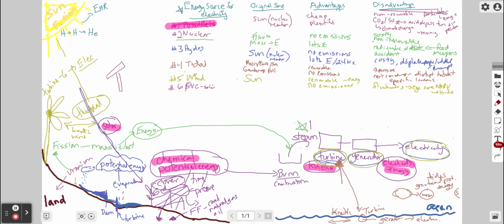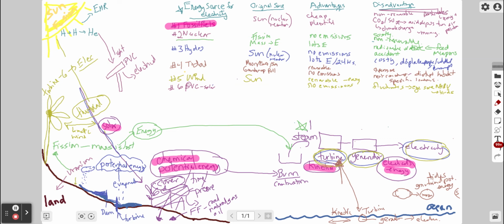Solar panels are a quick conversion. They take that light energy from the sun, and they directly turn it into electrical. So there's not very many energy changes when you're dealing with a photovoltaic cell. It's basically light right to electrical. So there's only one conversion, so it's quite efficient that way.